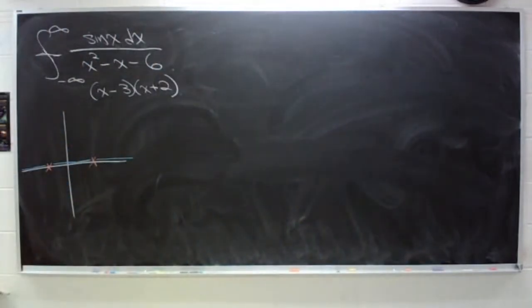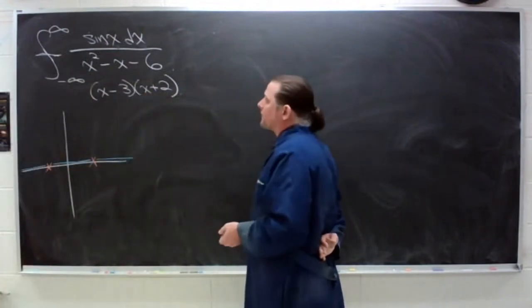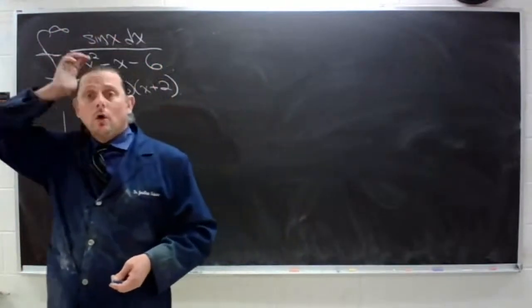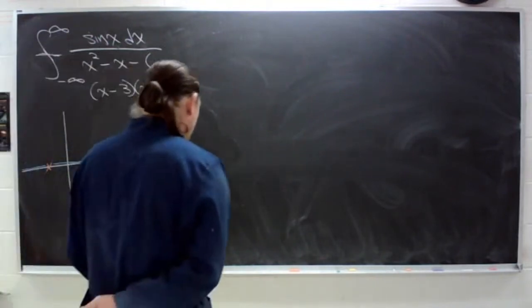I need to say what I mean by that in order to get a meaningful result. That's the reason for this bar through the integral. That's intended to indicate that we want the Cauchy principal value of this integral.